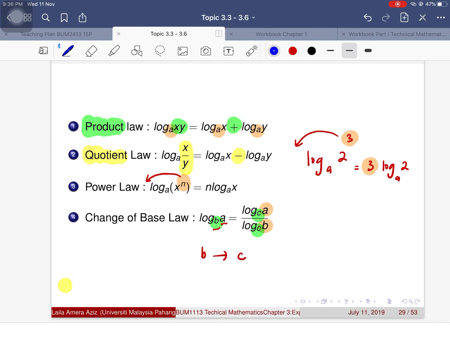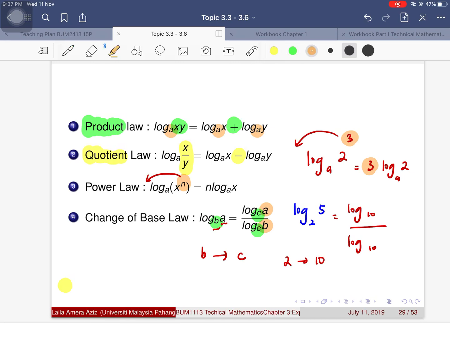For example, let's say I have log of 5 with a base of 2, and I'm going to change it to a base of 10. I'm going to have log base 10 at the top and another log base 10 at the bottom.